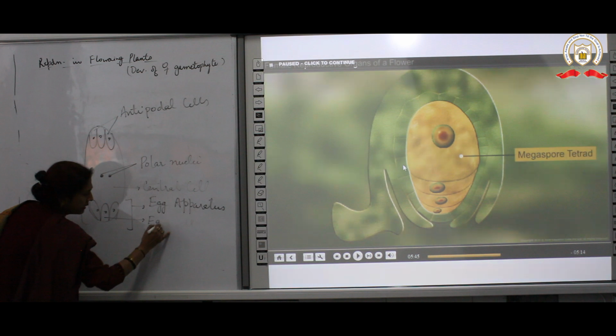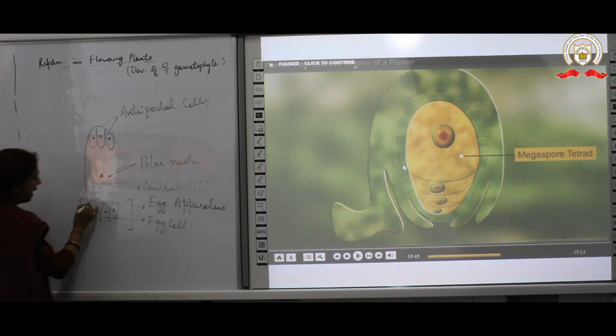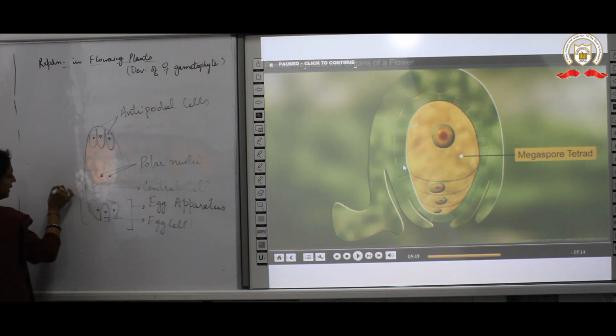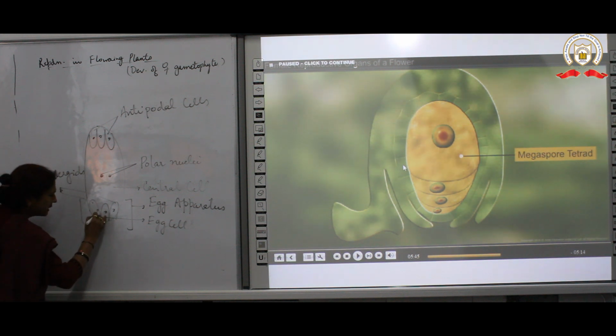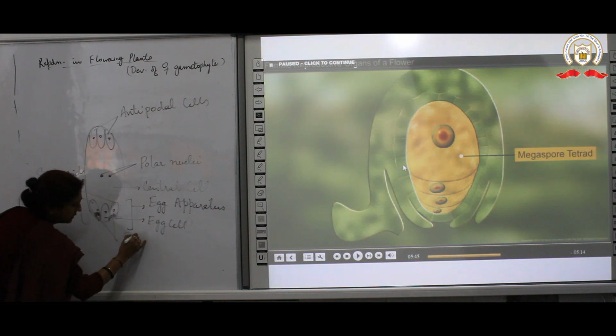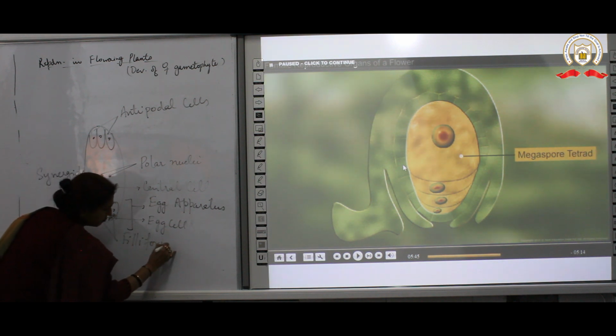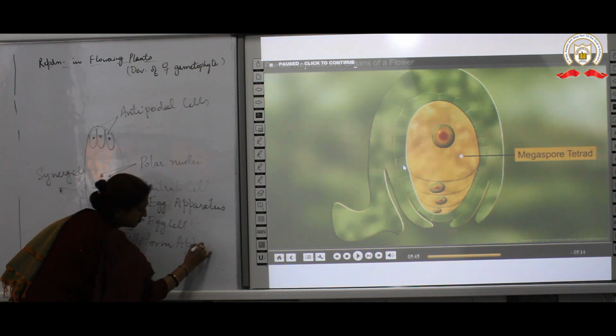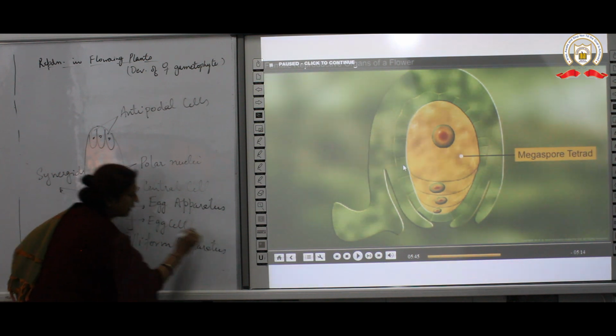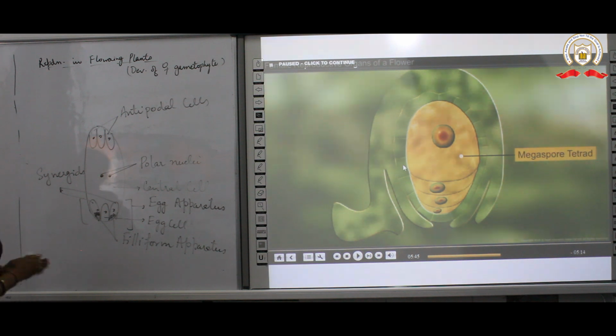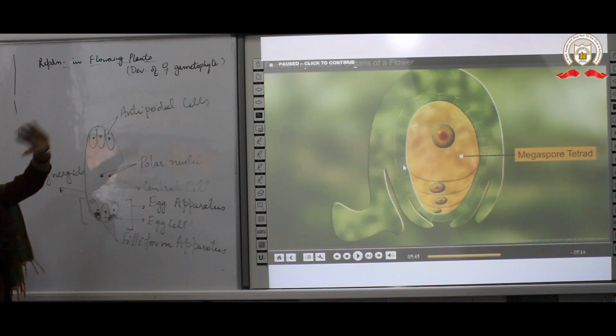One cell is the egg cell, and the 2 cells surrounding it, toward the 2 other sides, are known as synergids. Inside the synergids is present a special structure called the filiform apparatus, and this is the complete structure of an embryo sac or the female gametophyte.